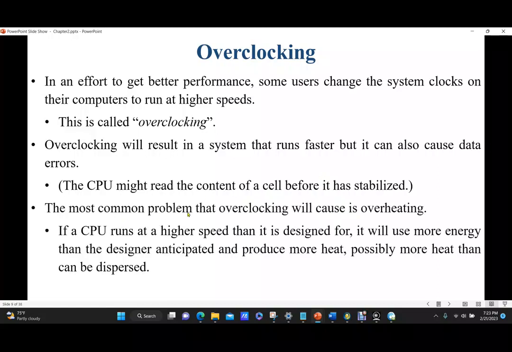The most common problem with overclocking, though, is overheating. If your CPU is running at a higher speed than it's designed for, then it's going to be using more energy than designed for and producing more heat than the system is designed to handle.